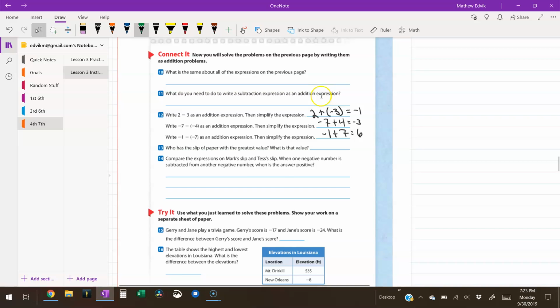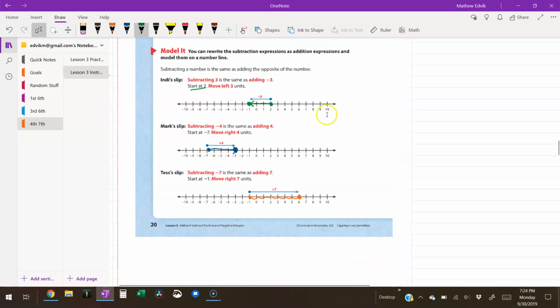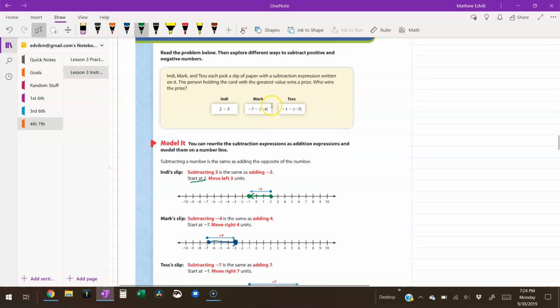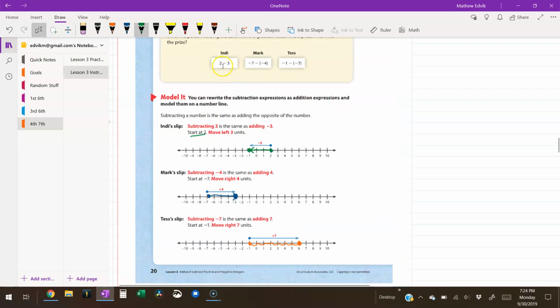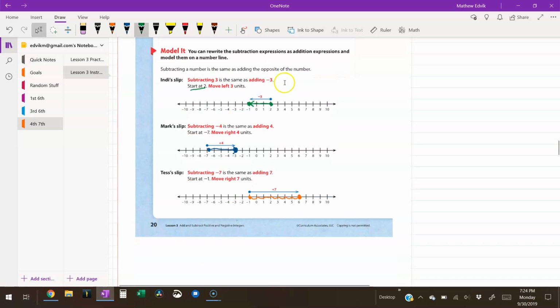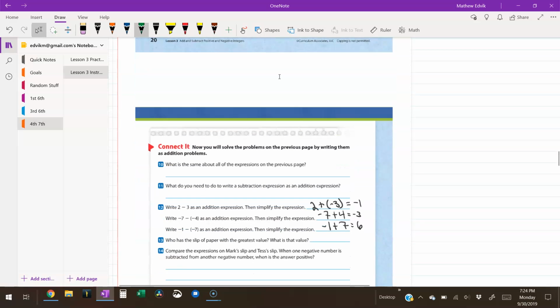Okay, so let's go back and answer number 10. What is the same about all of the expressions on this page right here? What is the same? And what is the same is that they are all what operation? Right there, subtraction. And that's a subtraction problem, and that's a subtraction problem. But they all could be turned into addition problems.